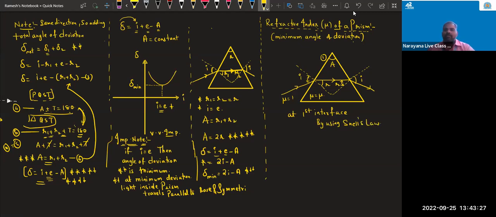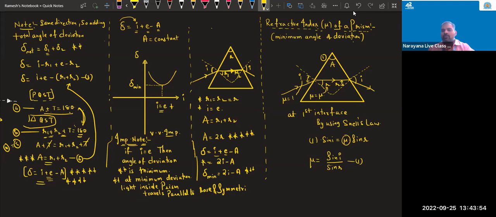Mu1 sin i1 equals mu2 sin i2. So 1 into sin i is equal to mu into sin r. Correct or not? Yes, sir. This is our task. So mu is equal to sin i by sin r. I will keep this aside as equation number 1.